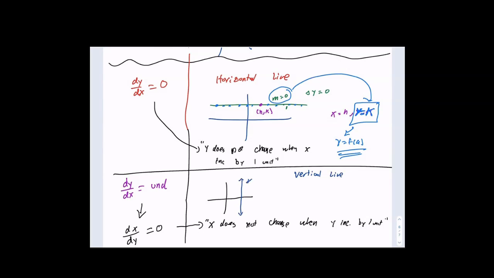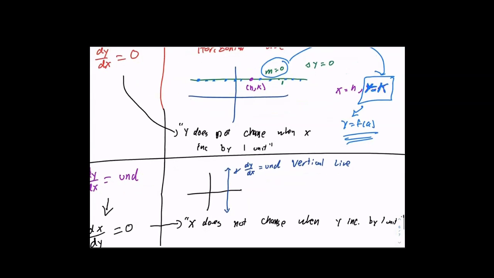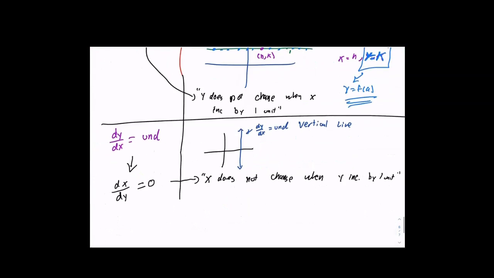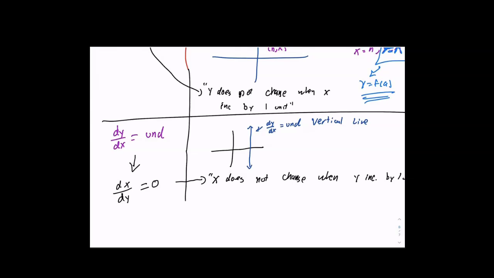So this is what happens when dy dx is undefined. Because what you're really saying here is that dx dy is equal to 0. Because when we talk about the delta y over delta x, well, the delta x is 0 because it's never changing.